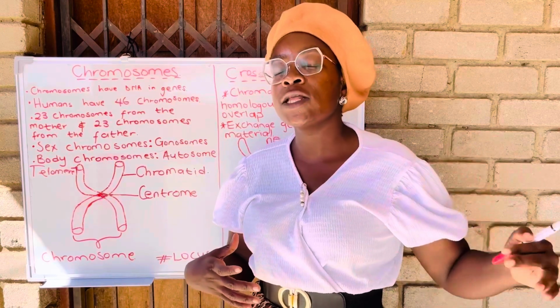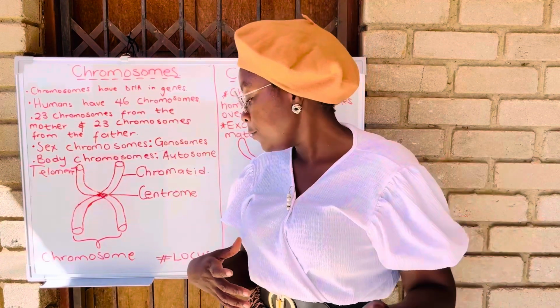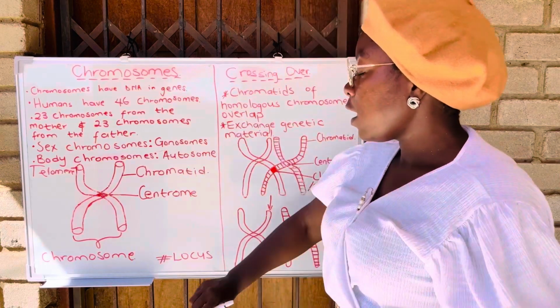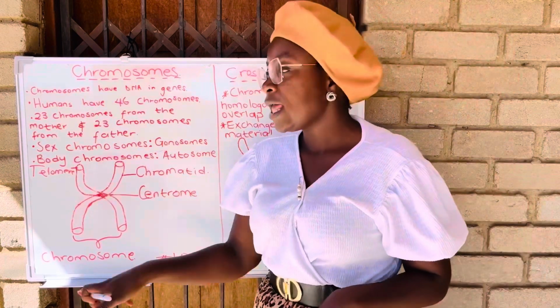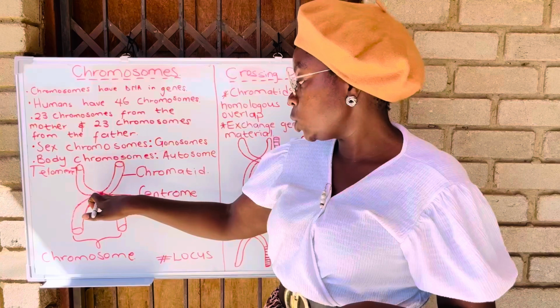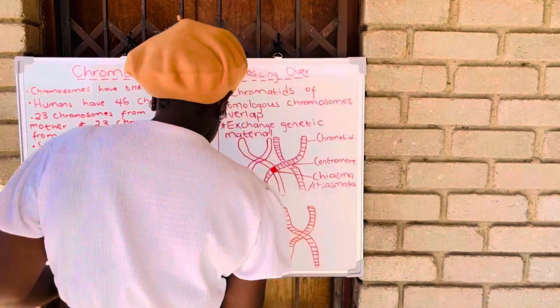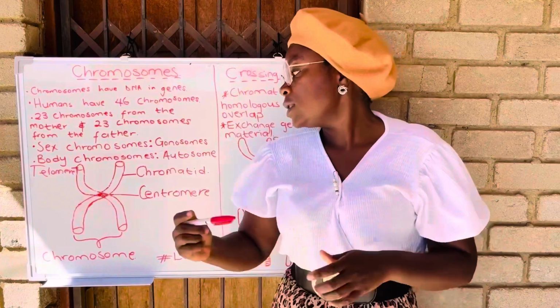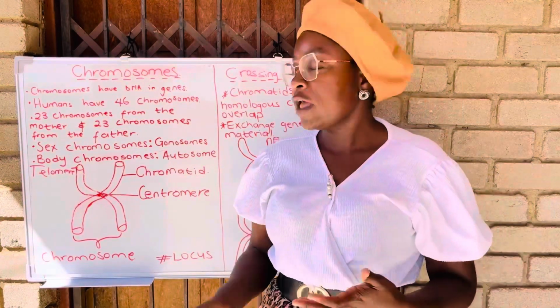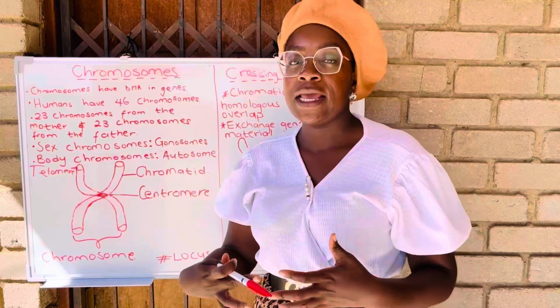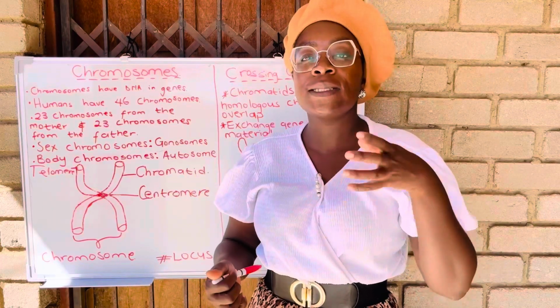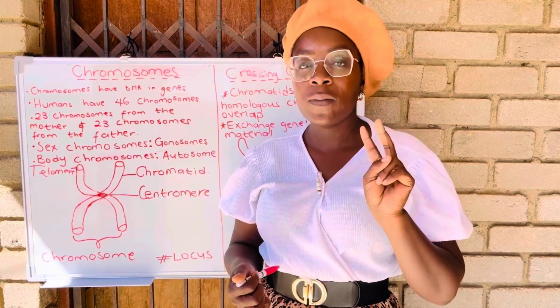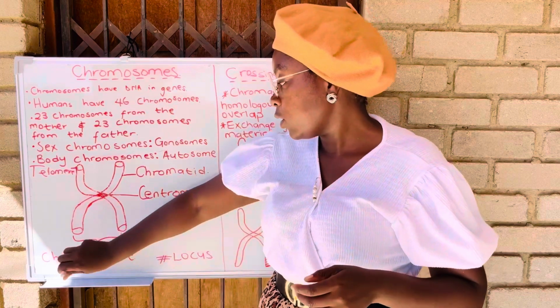Now these two chromatids are joined together by a centromere. A centromere is more like a glue, it's the one that holds the two chromatids together to make a chromosome.